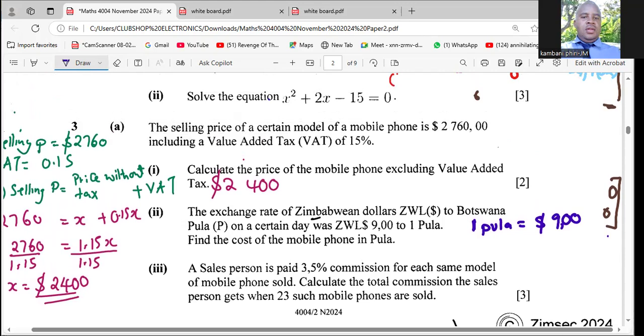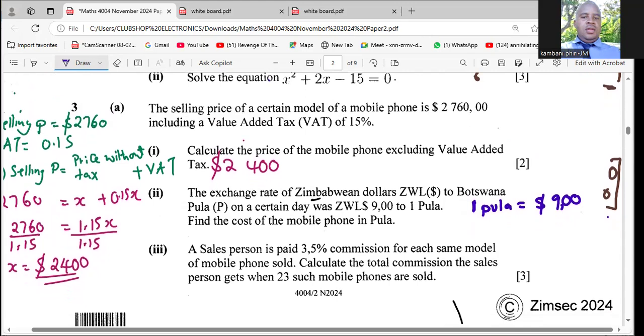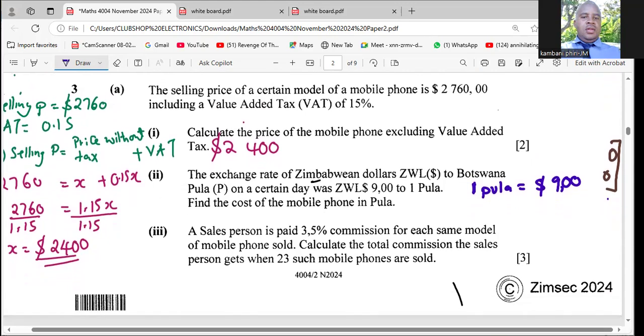So now, to find the cost of this mobile phone, we'll say, what is the cost of this mobile phone before the VAT? Easy. $2,400. What is this value in pula?